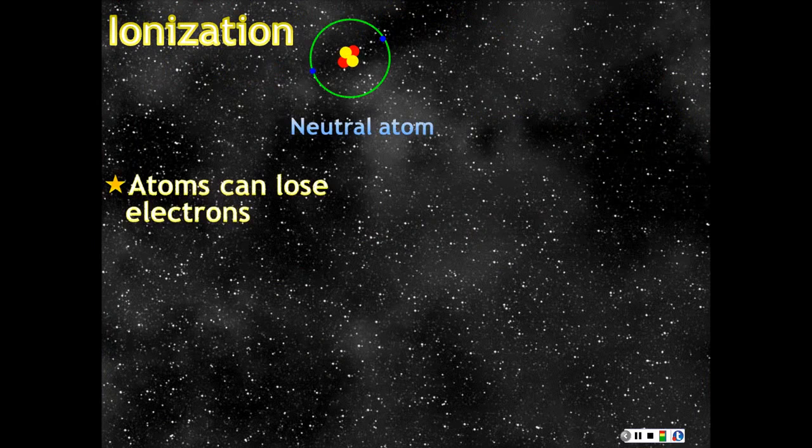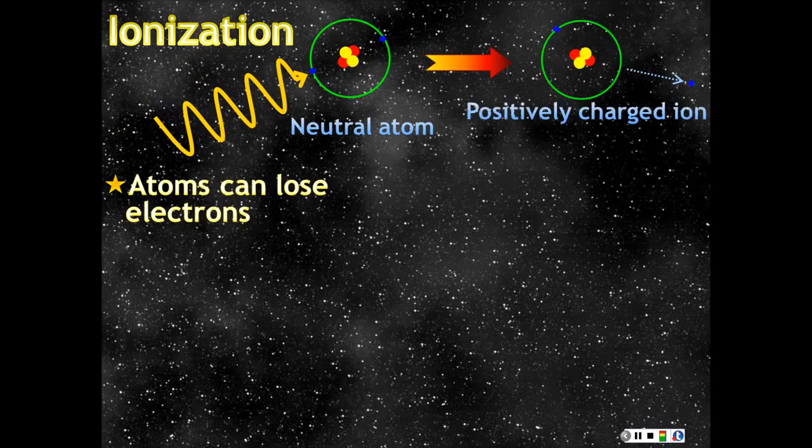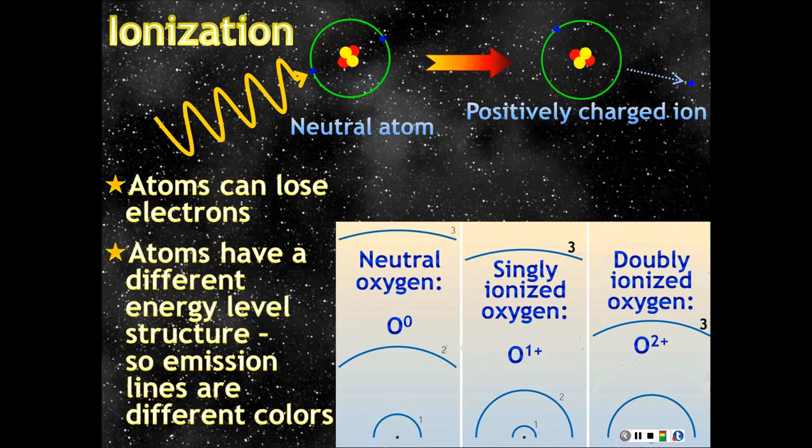Then we have another thing that we can think about. If you ionize hydrogen, you're just left with a proton. But if you've got helium, you can lose an electron. Woo! Photon came along, knocks off an electron, and here we have a positively charged ion. And if you've got bigger atoms like oxygen, which has 8 electrons, it can be neutral. It can lose 1, 2, 3, 4, all the way up to 7 and still have an electron.